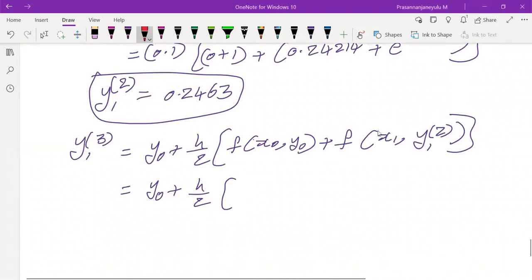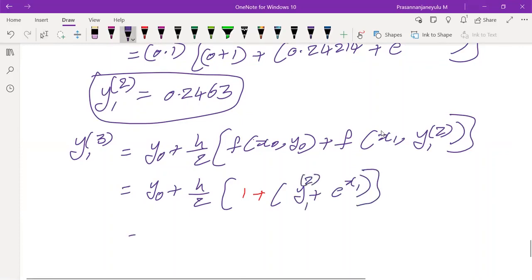I'm writing with a different color, 1 plus. So what will we get, the next term? The next term will be using f of x comma y. The formula is y plus e power x. In place of x substituting x1, in place of y substituting the second approximation of y1.